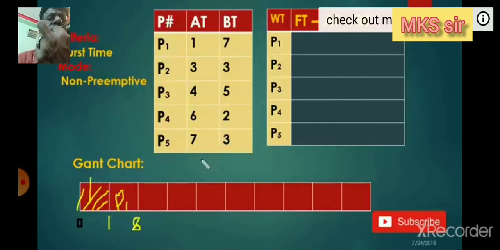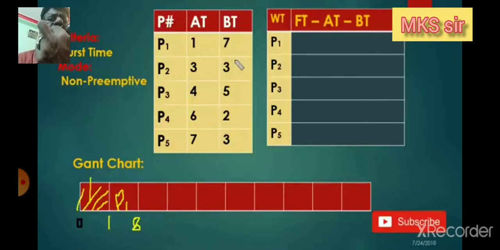Now at time interval 8, which processes have arrived? All processes have already arrived, because P2 arrived at 3, P3 at 4, P4 at 6 and P5 at 7. P1 has already completed, so now we have to choose among P2, P3, P4, P5.